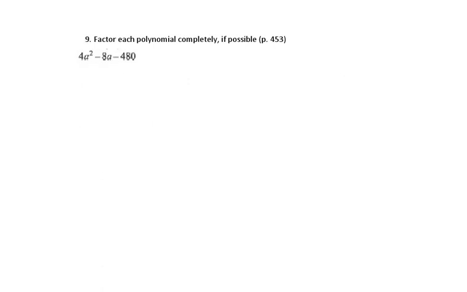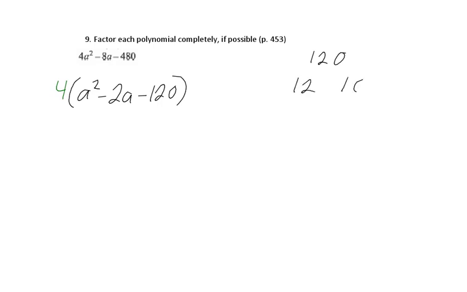All right, in number 9, you can factor out a 4. And if you do, you're left with a^2 minus 2a minus 120. Let's look at factors of 120. There's 12 and 10. There's 15 and 8. There's 20 and 6. There's even 24 and 5.